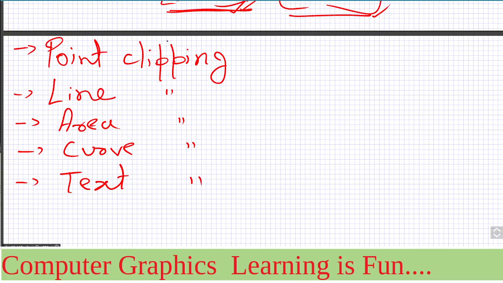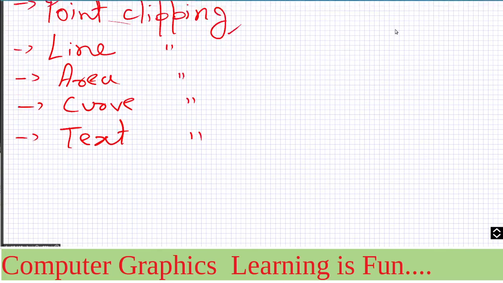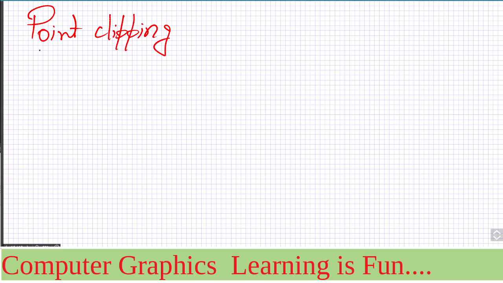Whatever can be there in a scene, we can clip it. Very simple. So let us start with understanding point clipping. Try to tell me what can be considered a point clipping algorithm. Can you guess?